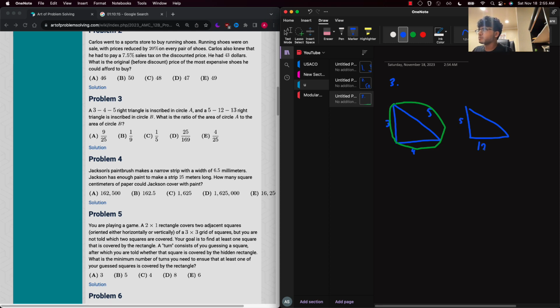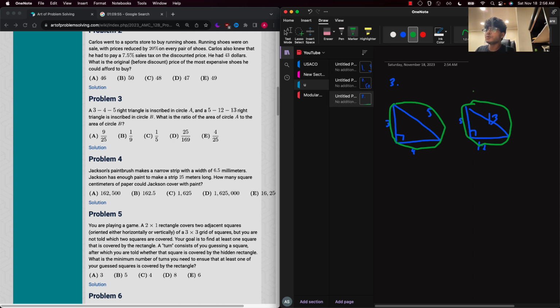And these are right triangles, so these are where the right angles are. 5, 12, 13, and we have a circle here. I cannot draw circles without a proper pencil or something, but okay.